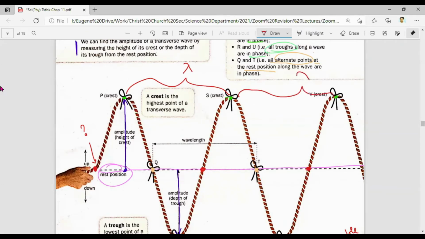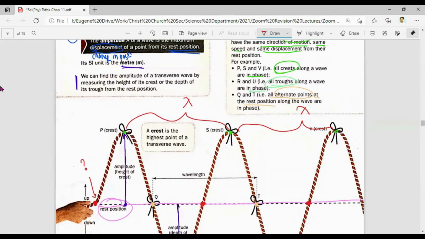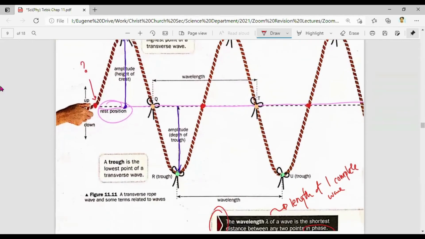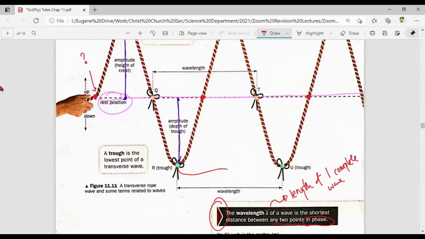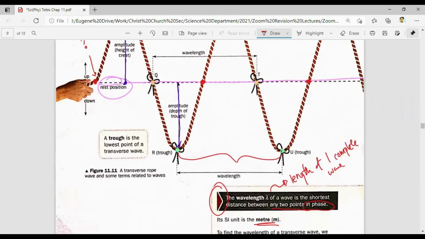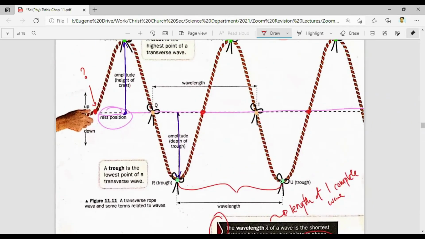This is another wavelength. Can you see? One crest to another crest, one crest to another crest, because we know that all crests along the wave are in phase. One wave, 2 wave. What's another possible way to measure wavelength? From here to here. This is a wavelength, because one trough to the next trough. You see the third one over here, any 2 nearest points are in phase. So Q and T, we know they are in phase.